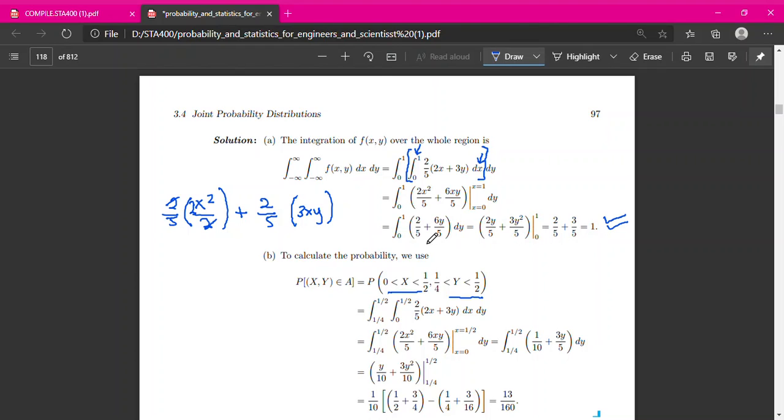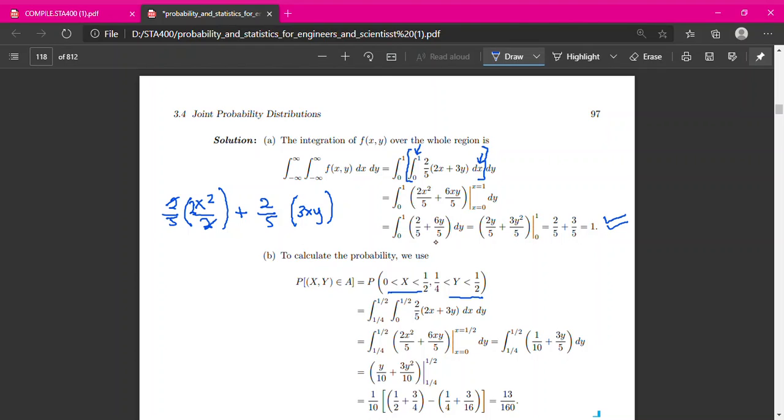So what to do is just integratekan the joint PDF function fxy tadi from 0 to half untuk x. Okay, sini untuk x dulu, dan untuk y from 1 over 4 until half. Okay, kalau you nak tukar kedudukan dy dx sama juga kat sini tadi. Kalau nak tukar kedudukan dy dengan dx pun boleh, tak ada masalah.